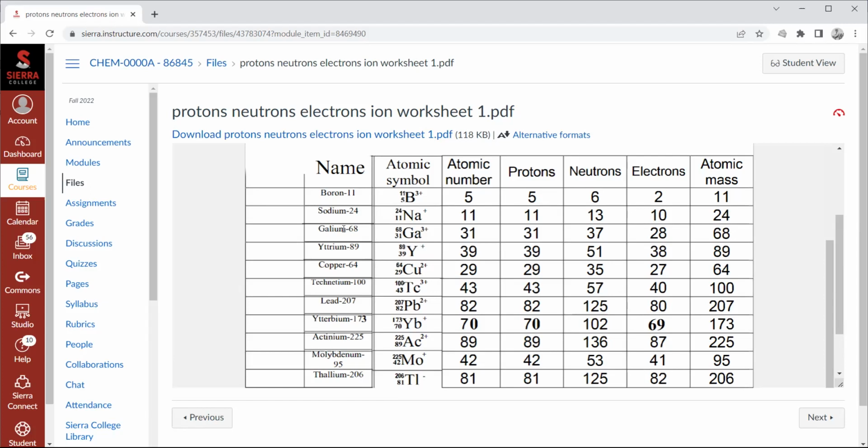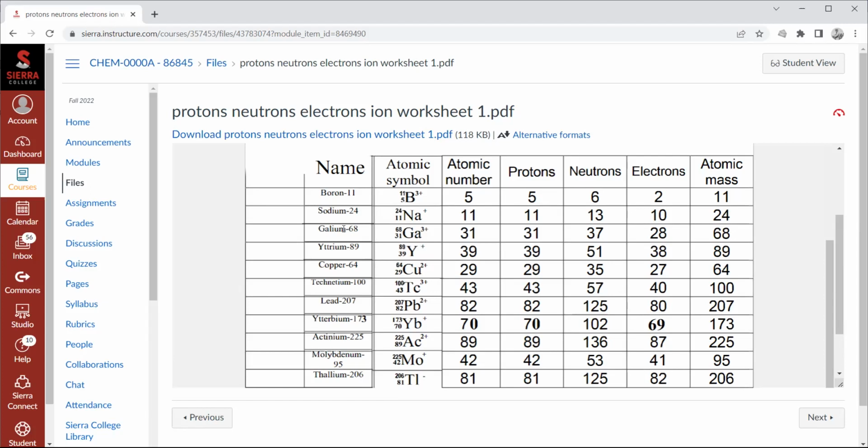Okay, so you look at the protons and electrons, those are the charged particles in there. The neutrons, it doesn't matter on the neutrons because they aren't charged. And then over here, this is the atomic mass in AMUs of the particular isotope, not the decimal number on the periodic table. These are integers here, not decimals. A lot of people put on the decimal number, but that's not right, because all you're doing is adding up the protons and neutrons.